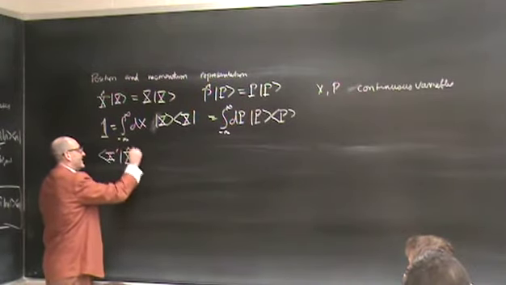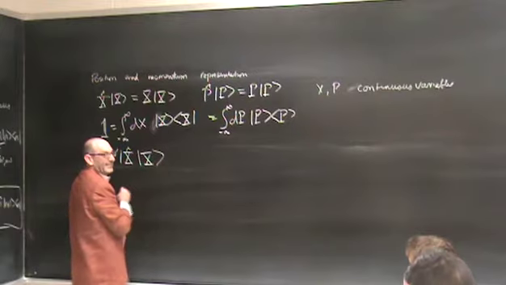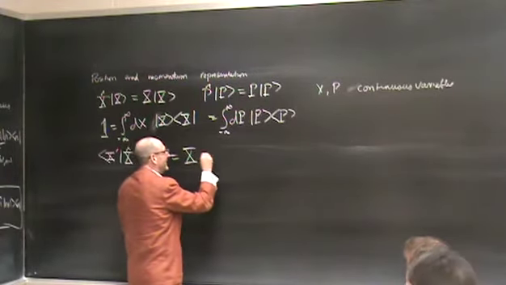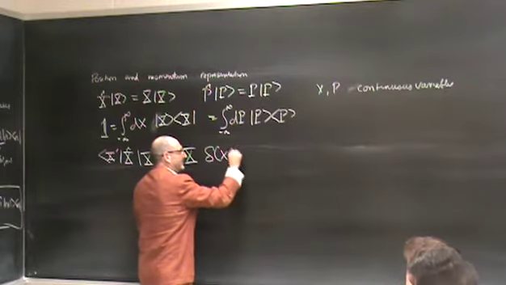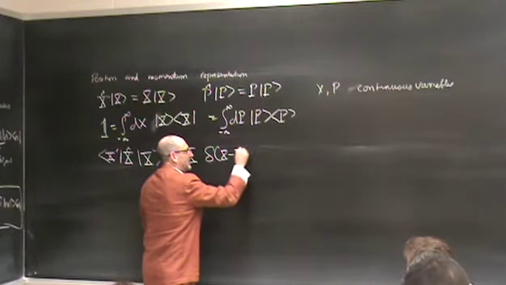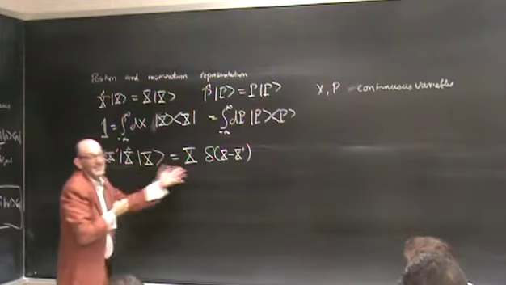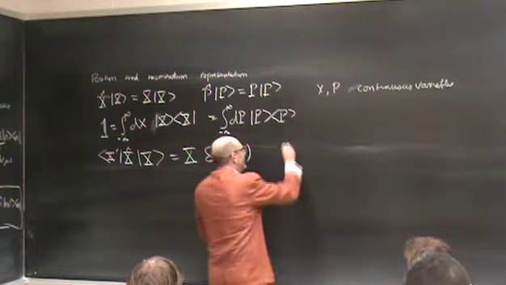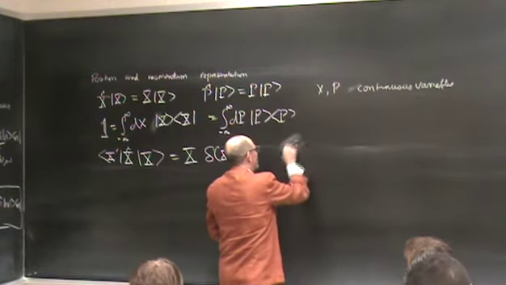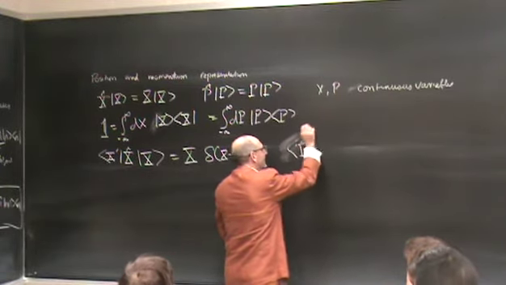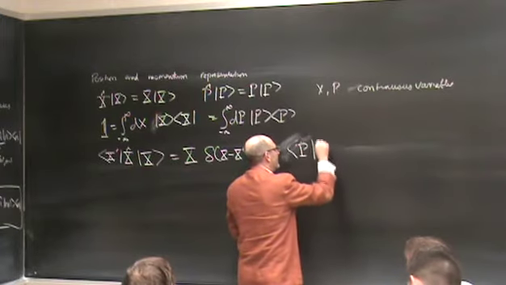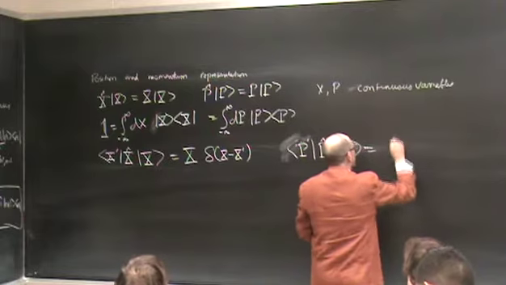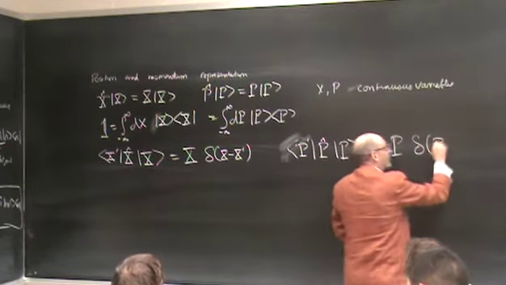This is X times a delta function, which moves up. So it's in some sense not very well behaved, right? And P in the representation of P eigenstates also is a singular function.